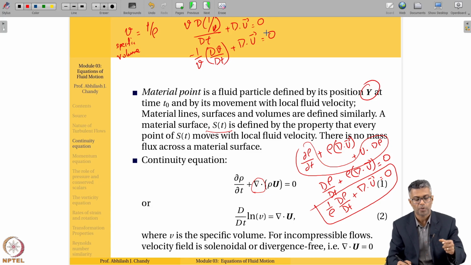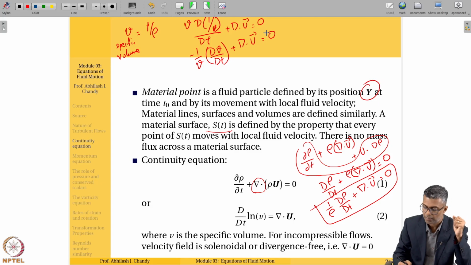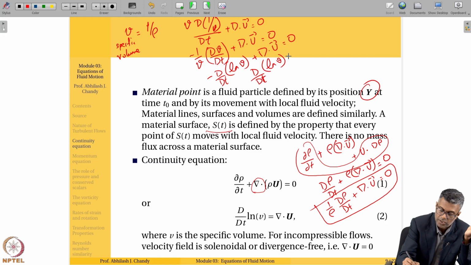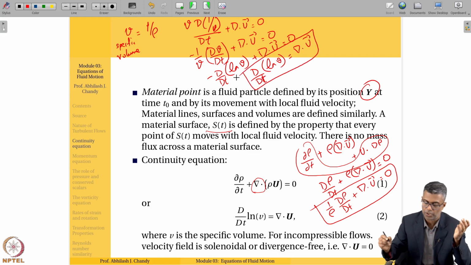So I have a V on the numerator that becomes minus 1 over V, and then this is essentially minus d dt of ln v plus del dot u is equal to 0, which gives me d dt of ln v, specific volume, is equal to del dot u, which is what equation 2 is.